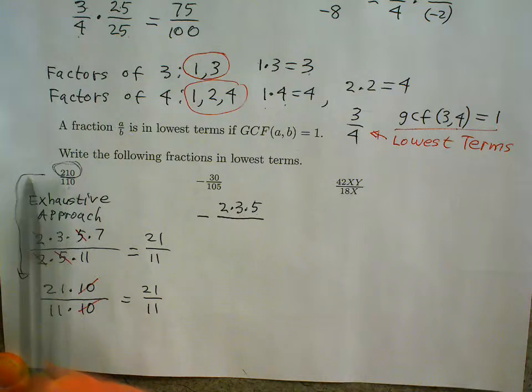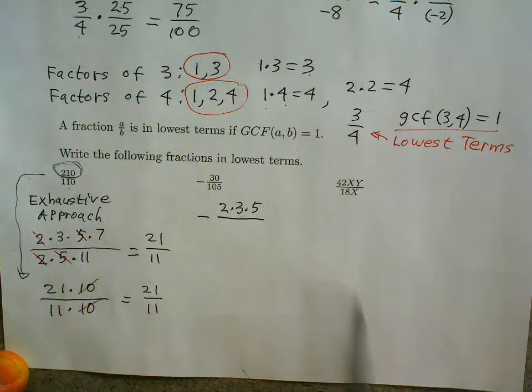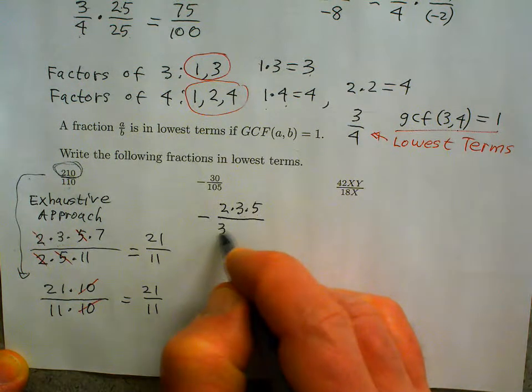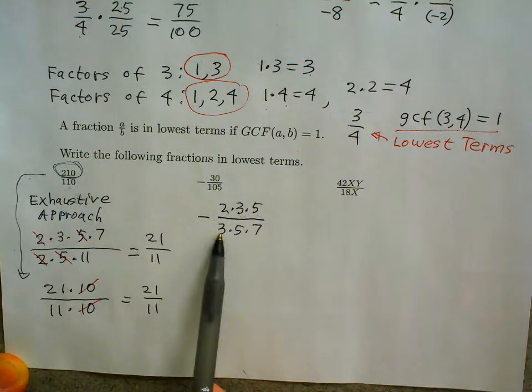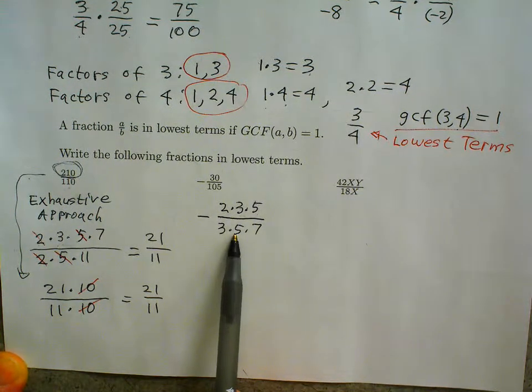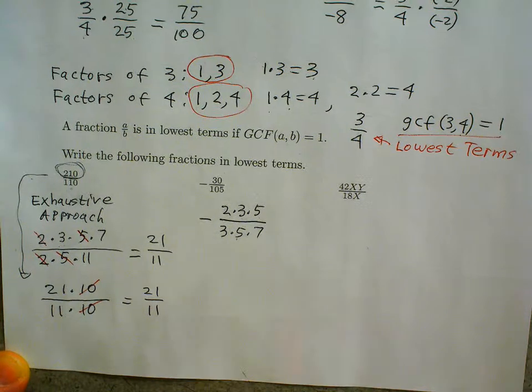Remember, 2 times 105 is 210. So the prime factorization of 105 is 3 times 5 times 7. And you can always verify. 3 times 5 is 15, and 15 times 7 is 105. Are we all in agreement?